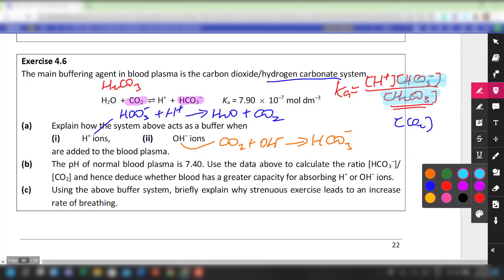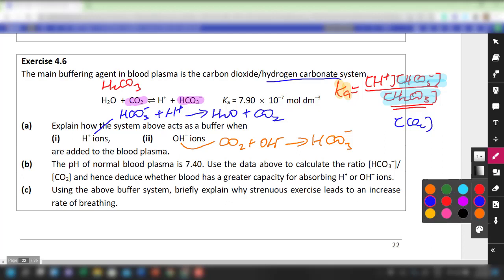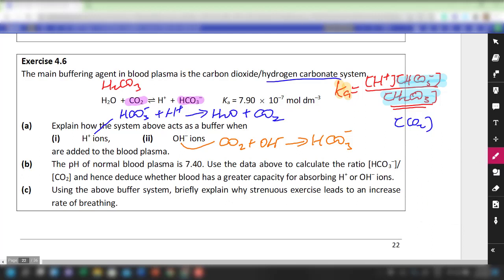And because Ka is a temperature-dependent variable, and I have a large reservoir of bicarbonate and carbonic acid, or CO2, the small amount of H plus and OH minus being added to the system will not cause the ratio of bicarbonate to carbonic acid to change appreciably.